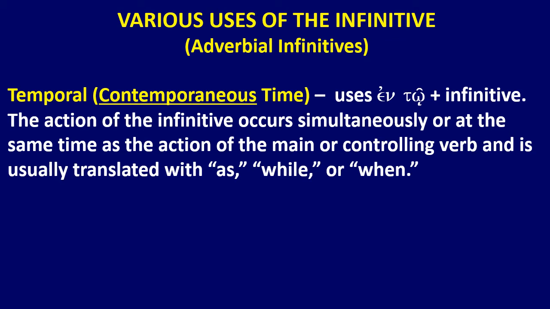In this case, it will use the preposition en along with the article to in the dative case there, combined with the infinitive. And so the action of the infinitive in this situation occurs simultaneously or at the same time as the action of the main controlling verb, and is usually translated with the words as, while, or when.